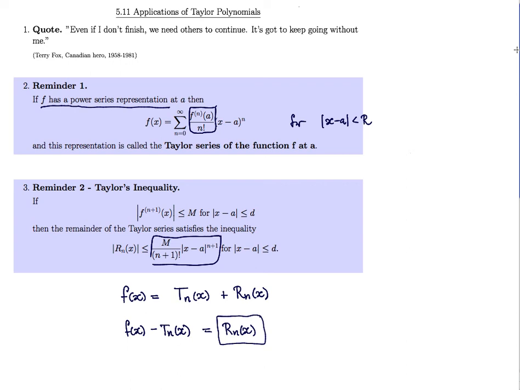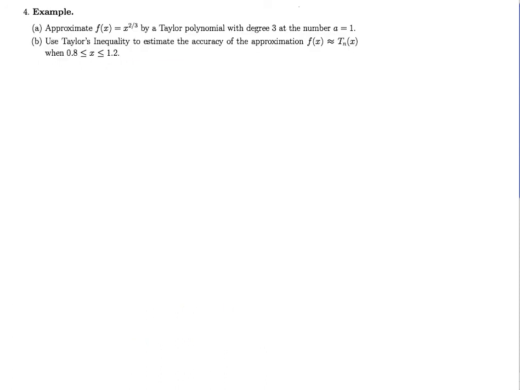You expect the function to pull away from it, but very close to the place where you've constructed the Taylor polynomial, you expect the polynomial to closely approximate the function. And the further you move away, you expect the approximation to be worse, so you expect the remainder to be bigger. Okay, so let's see how we can actually apply this. We'll see how we can use Taylor's polynomial and the remainder result to get some Taylor polynomial approximations to functions.